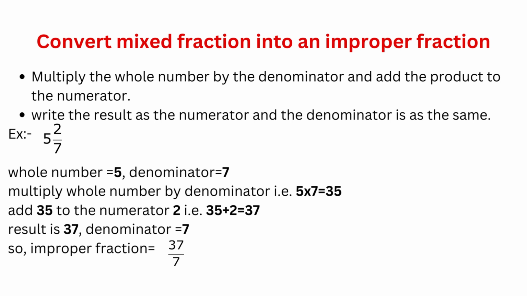So 35 plus 2 is equal to 37. The result is 37. So we have to write the 37 in the numerator and the denominator is the same. So the improper fraction is 37 by 7. Like this, we have to convert mixed fraction into an improper fraction.